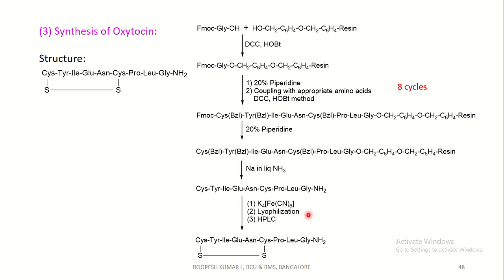And lyophilization. Lyophilization is a method used to remove the water under very low temperatures. And HPLC. Through HPLC, this peptide can be isolated and you get the respective peptide. This is the structure and synthesis of oxytocin.